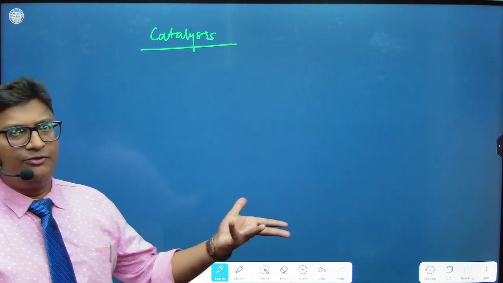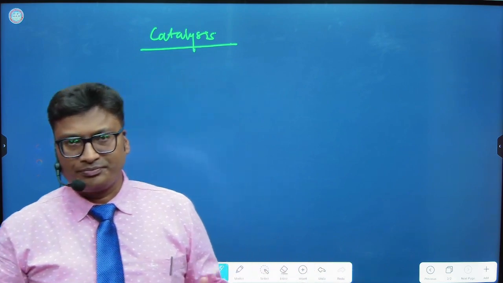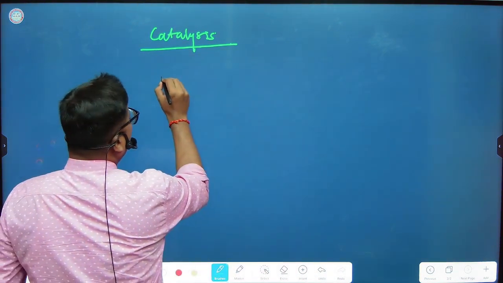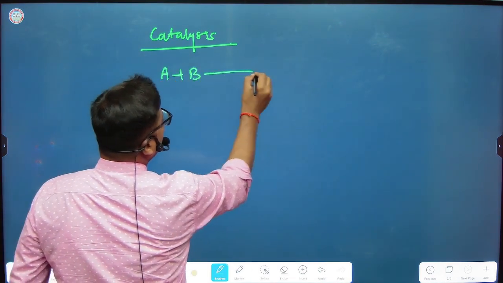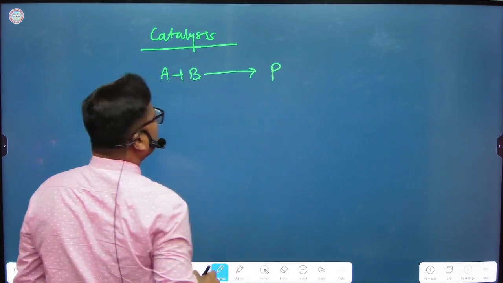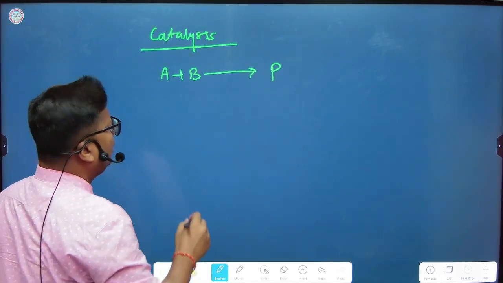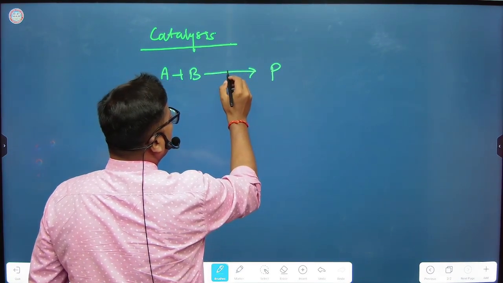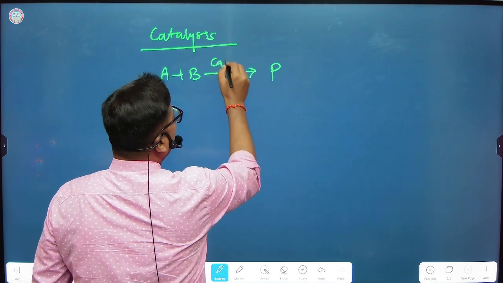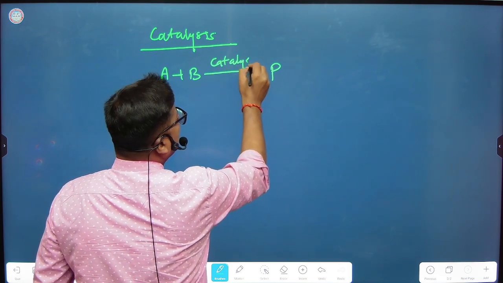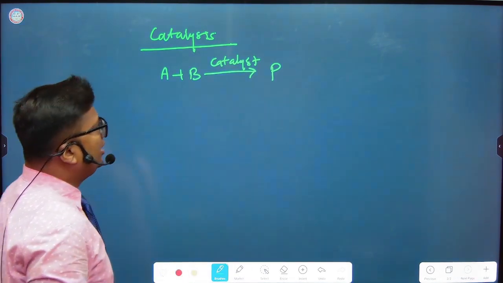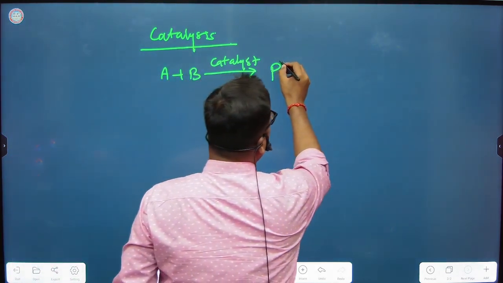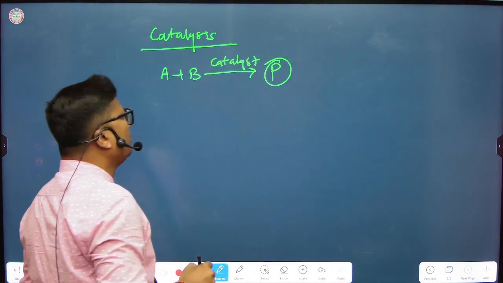So the final reaction looks like this: A plus B forms product P. In the presence of a catalyst, above the arrow we can write catalyst. So under the presence of this catalyst, the product P is formed, right?